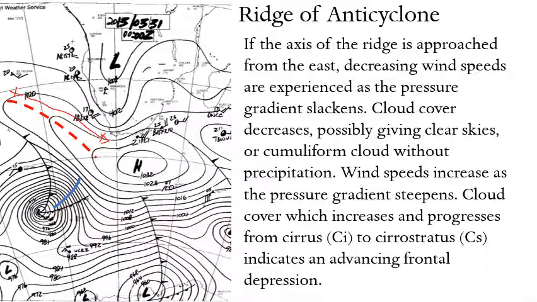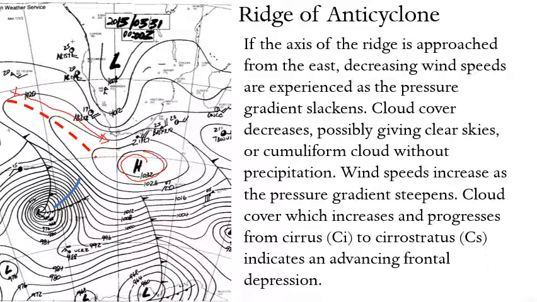Ano pang pwedeng mangyari or pwede natin ma-observe? Yung cloud cover or yung degree ng pagtakip ng clouds natin will decrease also as we approach the center of the anticyclone or the center of high pressure. It will have clear skies.